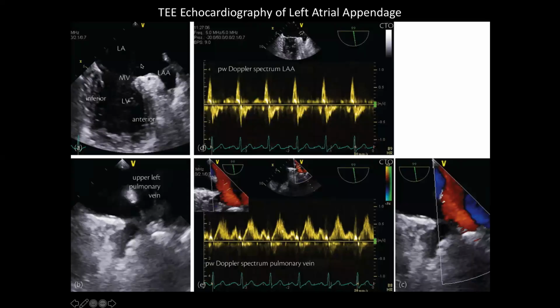Here, this is a very important application. Again, it's hard when it's not moving to see what's what, but from this view, this is called TEE, this is transesophageal echocardiography. And I could show a picture, but it doesn't look too comfortable. It's like a snake, right?